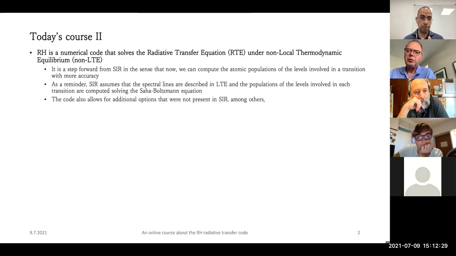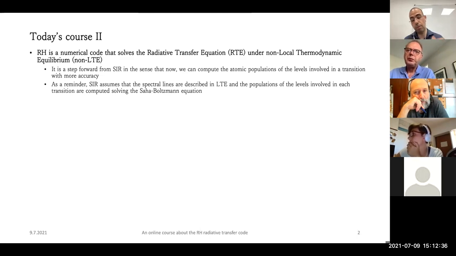In the case of RH, this is done differently. The diagram is at the end, but I will probably get to it later. We need to compute the atomic populations by solving the statistical equilibrium equations.